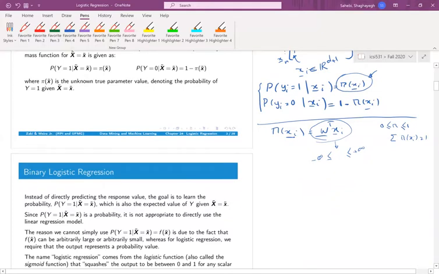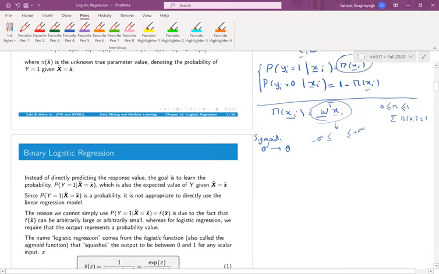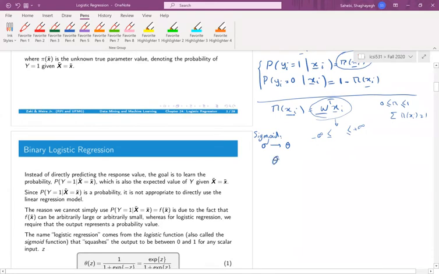The sigmoid function is usually called sigma, but because we are using sigma for the variance and standard deviation and all, we are going to use theta here in this course instead of sigma for it. So the sigmoid function, suppose that we are calculating the sigmoid of a variable z.